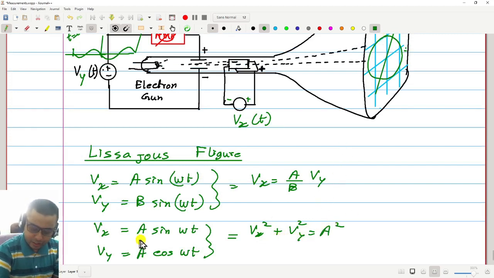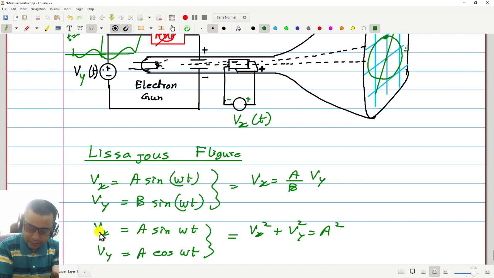Another way of deciding what the plot will be is to take a time value, time t equal to 0, find the value of Vx and mark that point. At t equal to 0, Vx equal to 0, so we will be on this line, and Vy will be 1. So we will be at this point at t equal to 0. Then you increase the value of time.